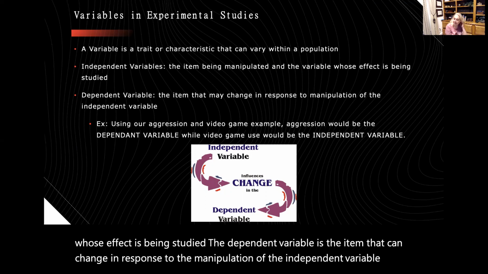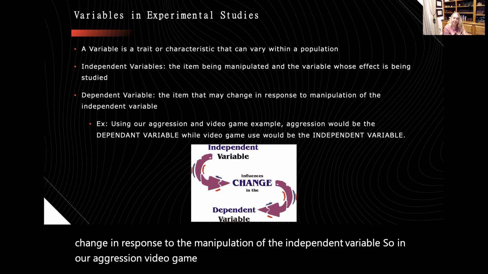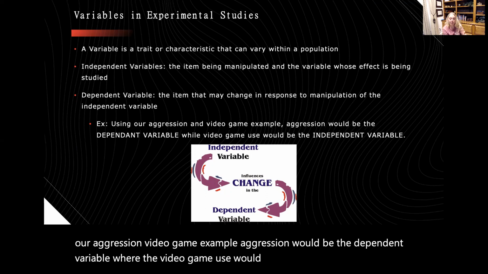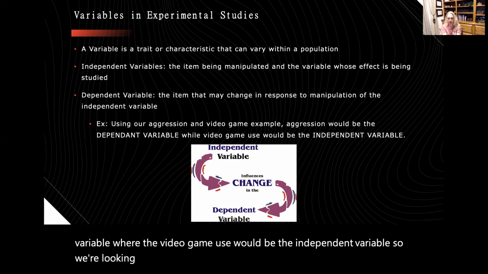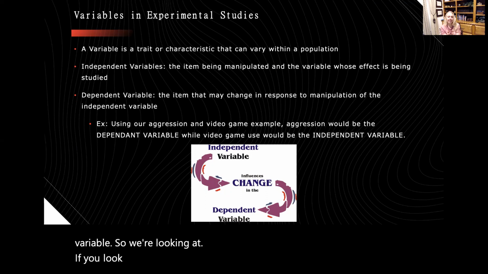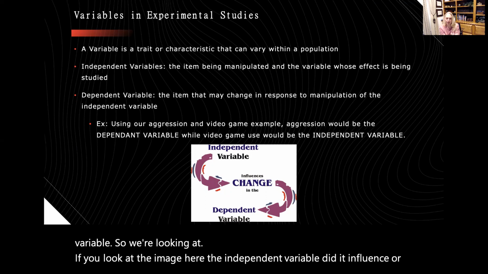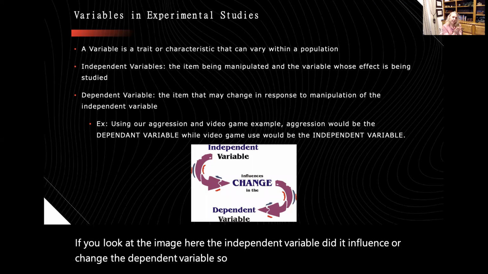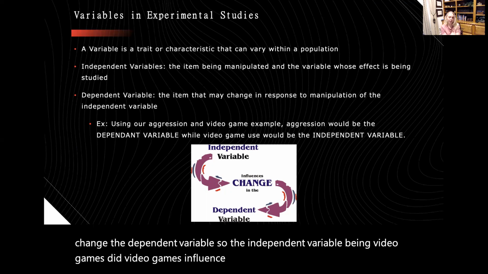So in our aggression and video game example, aggression would be the dependent variable, where the video game use would be the independent variable. If you look at the image here, the question is: did the independent variable influence or change the dependent variable? So the independent variable being video games, did video games influence or change aggression?